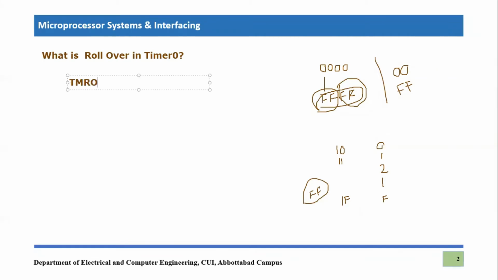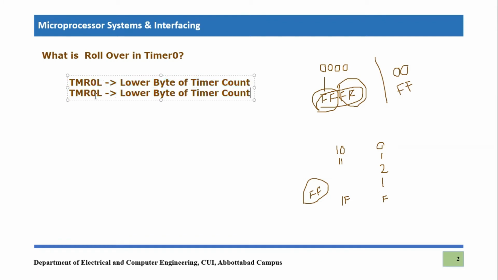Basically TMR0L stores the lower byte of the timer count, and similarly, there is the TMR0H register, which is dedicated to the higher byte of the timer count, right?